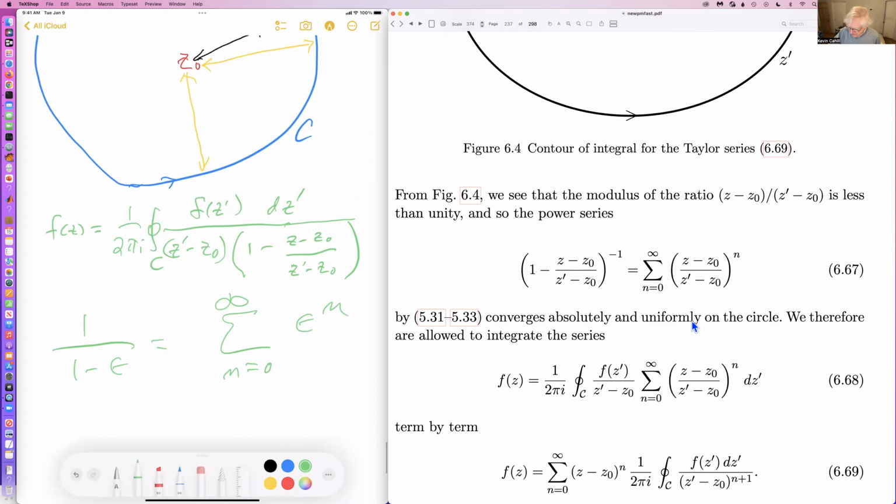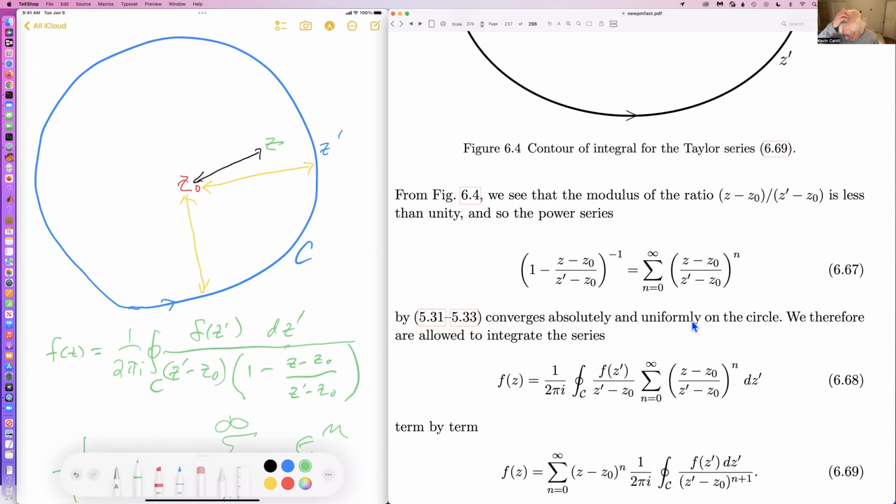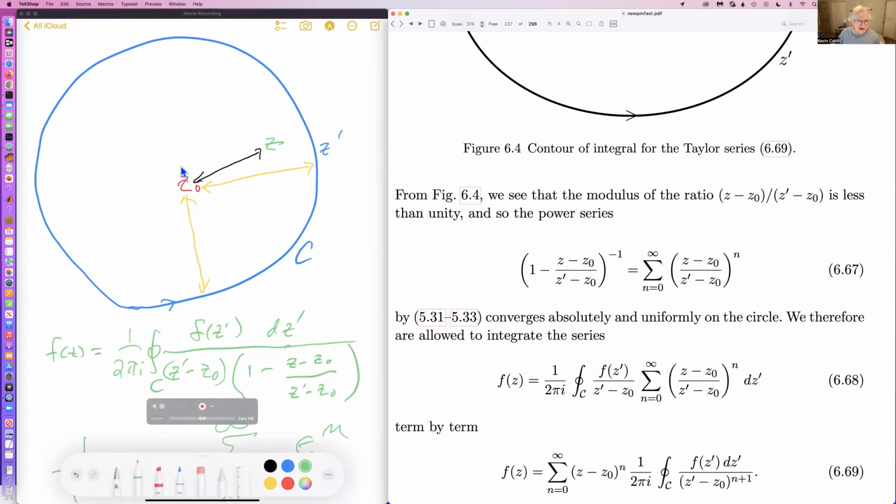Well, this series converges absolutely and uniformly inside a circle as long as epsilon is less than 1. And here, this epsilon is just the ratio of this distance here, the black distance, to the yellow distance, basically.